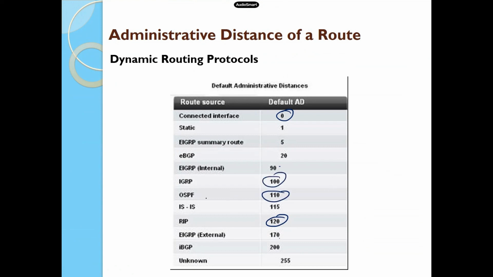And by the way, I'm expecting you to at least memorize connected, EIGRP, OSPF, and RIP. All right. So that's a typical question I will ask in the exam: what is the administrative distance of a certain protocol?